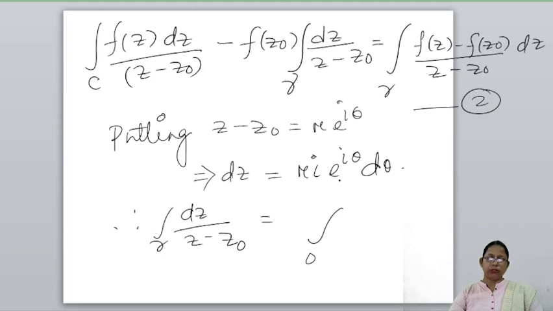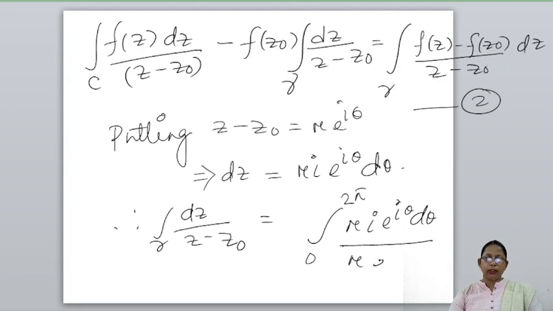Therefore, the integral over gamma of dz by (z minus z naught) is equal to, here gamma is a circle, so theta varies from 0 to 2 pi, and dz is r i e to the i theta d theta by r e to the i theta. So this cancels out, this cancels out, and this is equal to the integral from 0 to 2 pi of i d theta.